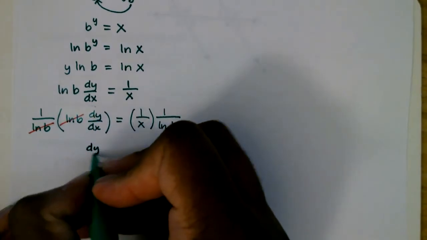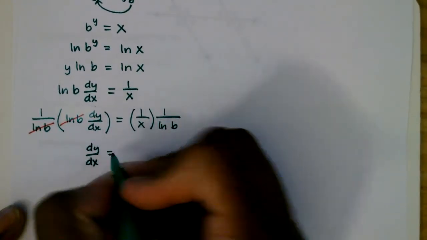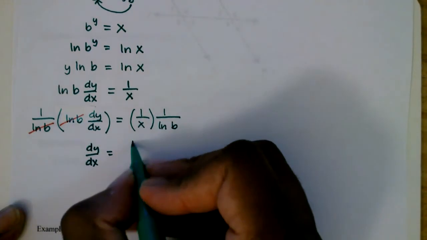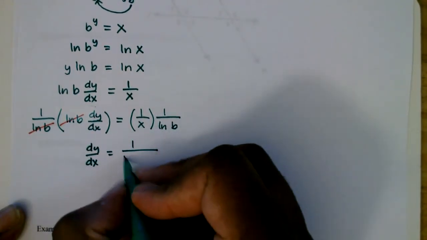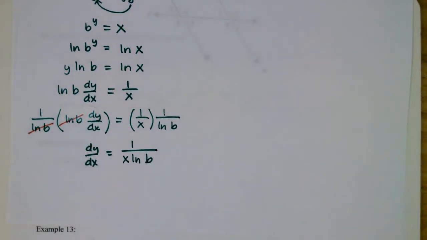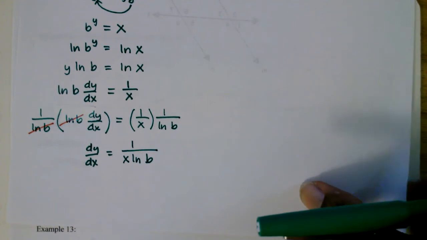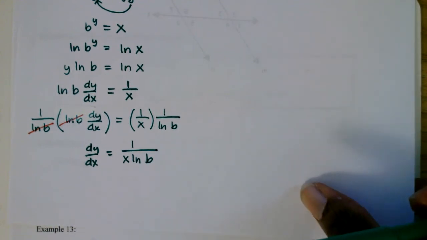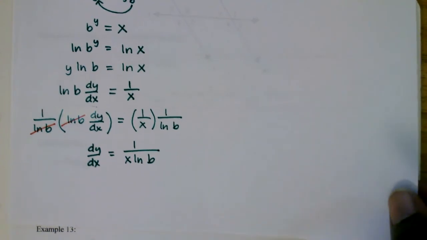So here dy dx is equal to 1 times 1 will be 1, x times ln of b will be x ln of b. Okay, so pretty much I have proven that the derivative of the log to the base b of x would be 1 over x ln of b.